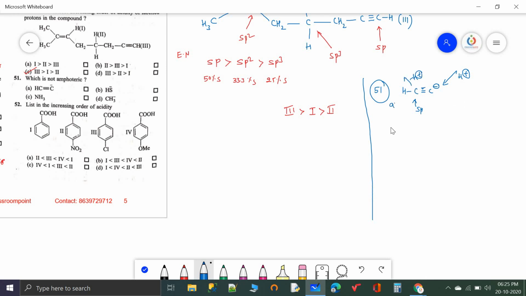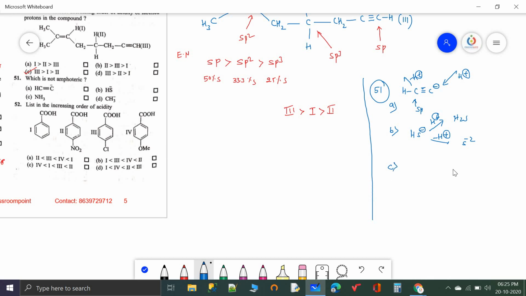So it is amphoteric, A. And B is HS minus. It can also accept the H plus ion to form H2S, and can lose the H plus ion to form S minus 2. So it is also amphoteric.